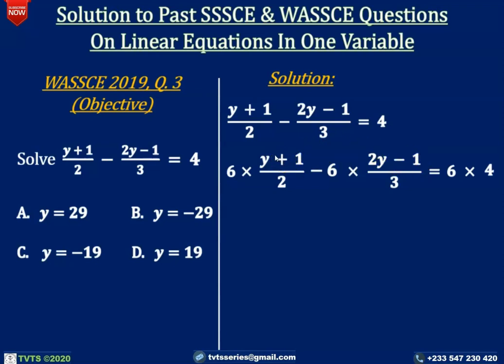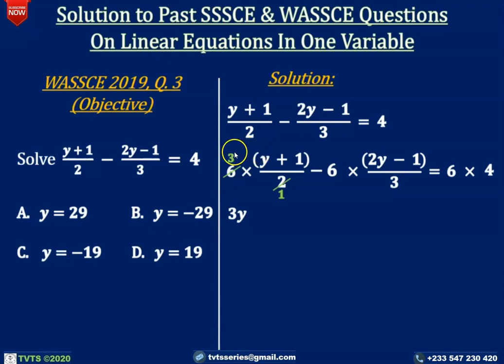So we have y plus 1 in bracket and 2y minus 1 also in bracket. 2 into 6 is 3 times. 3 times y is 3y.